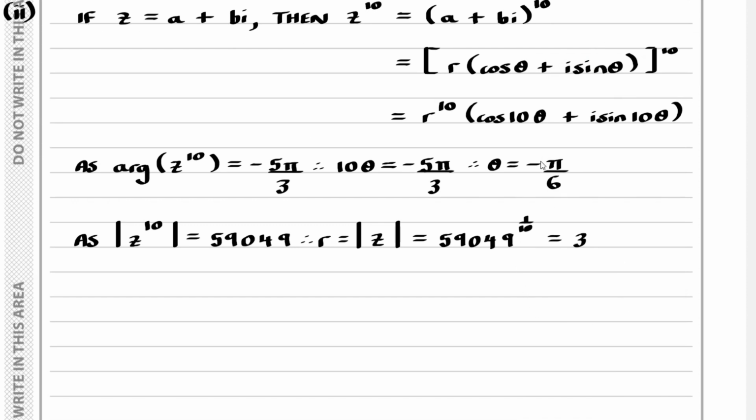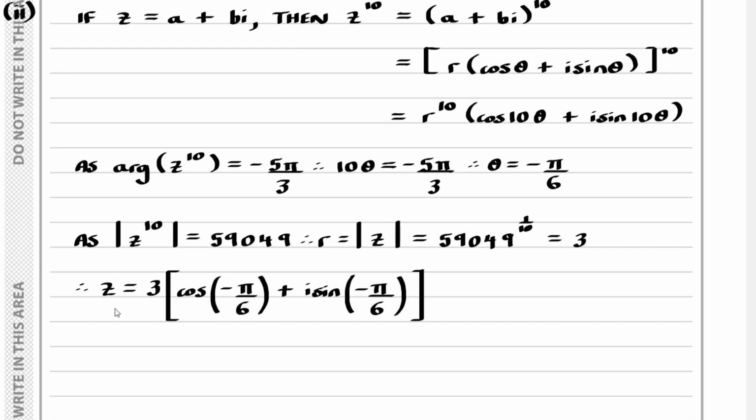We know what r is, we know what theta is, and therefore we can find out what z is using z equals r multiplied by (cos theta plus i sin theta). We can therefore conclude that z is equal to 3 multiplied by (cos of -pi over 6 plus i sin of -pi over 6).